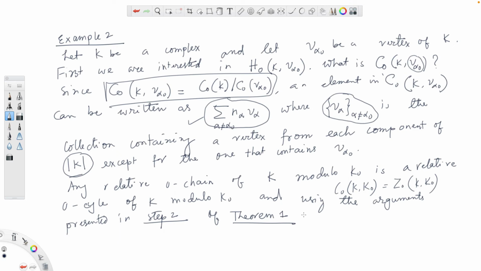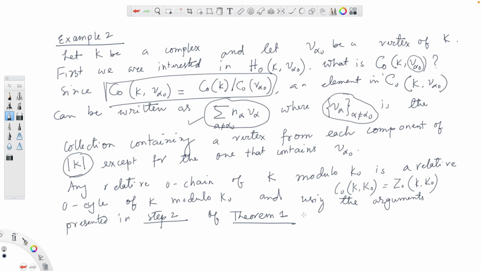So let me get back to theorem 1 and see if this is what we have done there. Right. Okay. Yeah, this is what we did there. So it's the zeroth homology group that we computed in theorem 1.